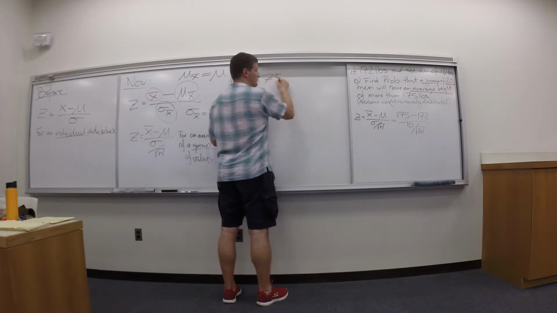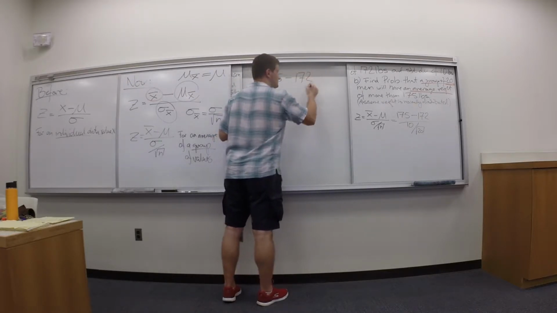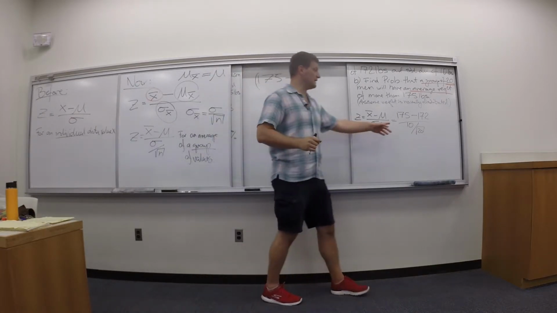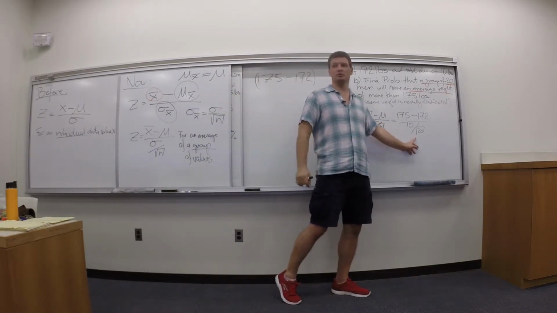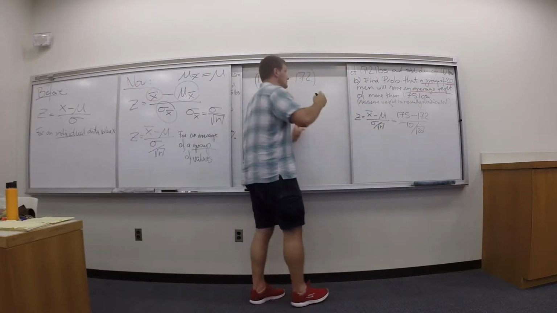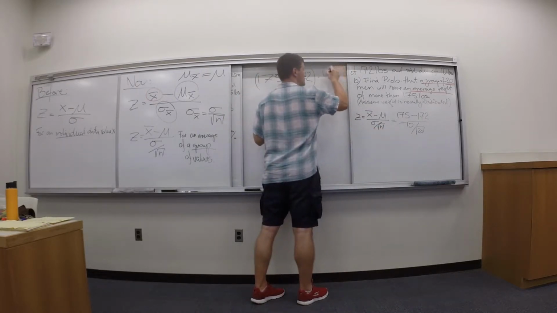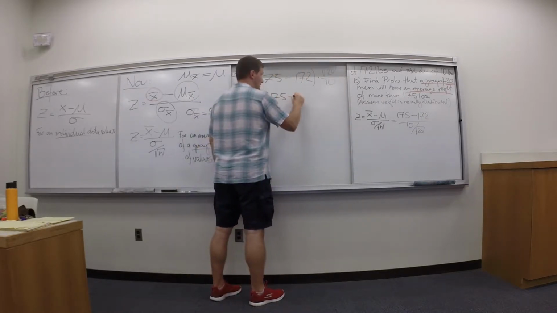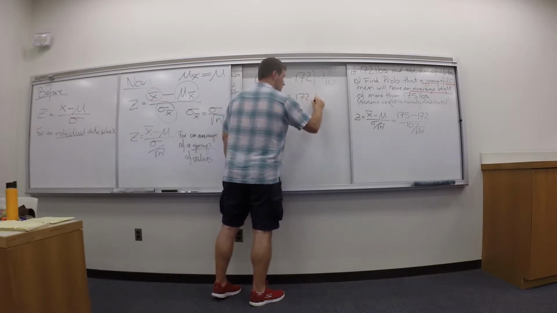You go 175 minus 172 first. Then you're dividing by a fraction, which means that you're multiplying by its inverse. That goes square root of 20 divided by 10. So how do you plug it into a calculator? You plug in 175 minus 172, and you press enter.